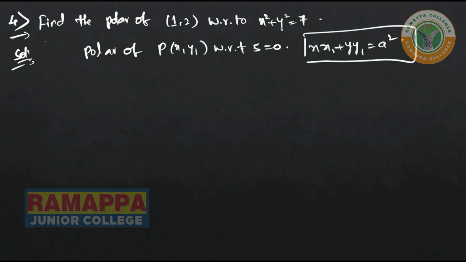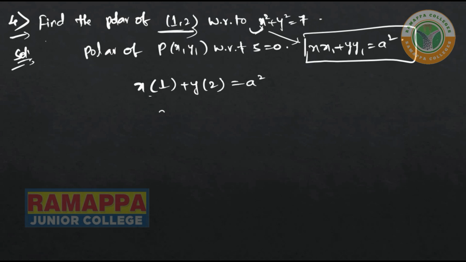So this is the equation of the polar, we have to learn it by heart and remember it. So in this we have to substitute the values in this equation. So it will become x into x1, which is 1, plus y into y1, which is 2, is equal to a square here.